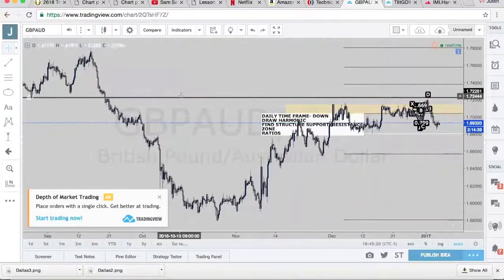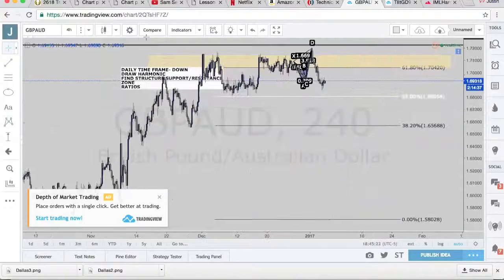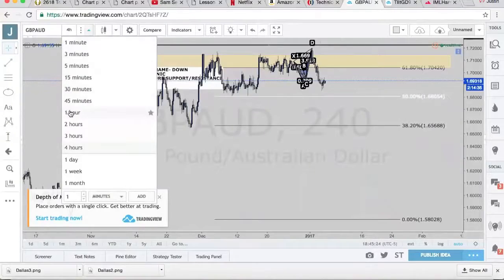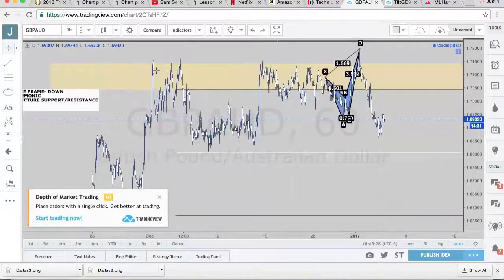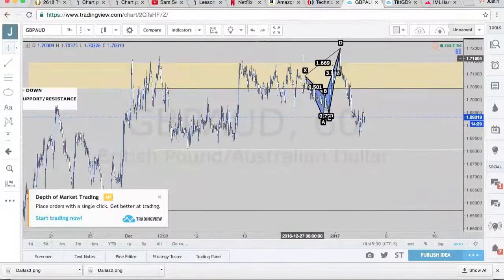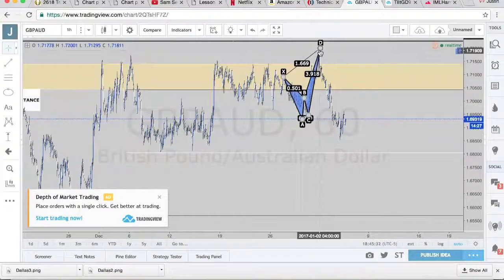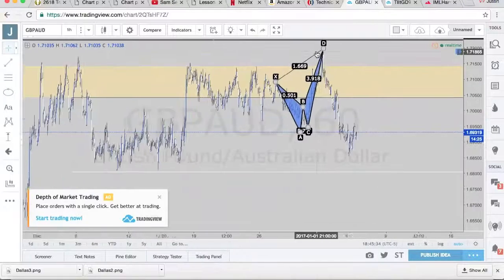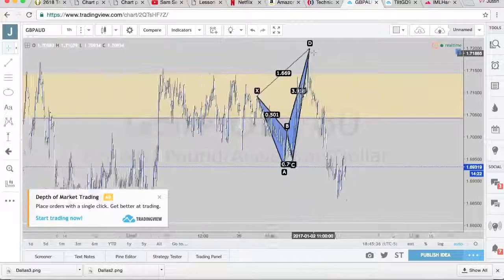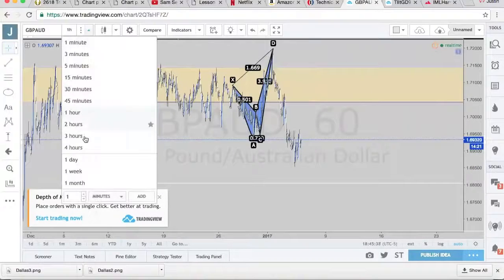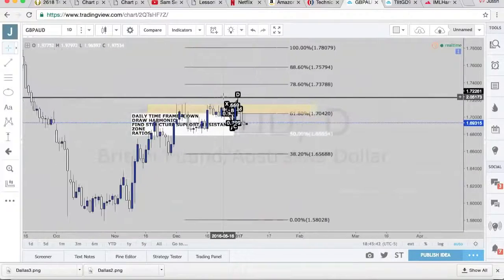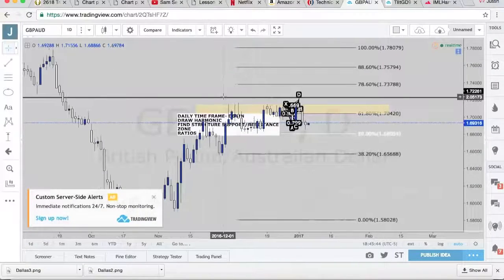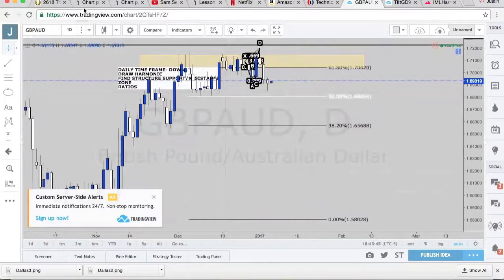So we can see having this line here drawn, if we go back to our H1, we can see that right around in that price zone with the crab pattern formed is confluence for a sell. Also on the daily, I'm going to go back and draw. We had the 61.8 zone around here, consolidation.